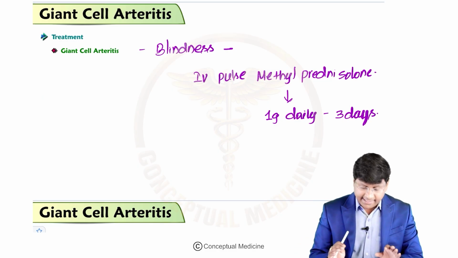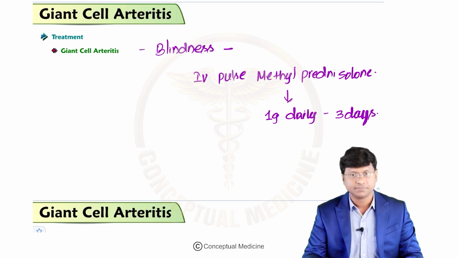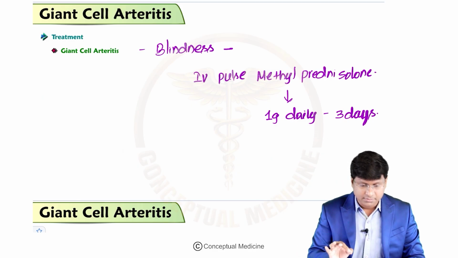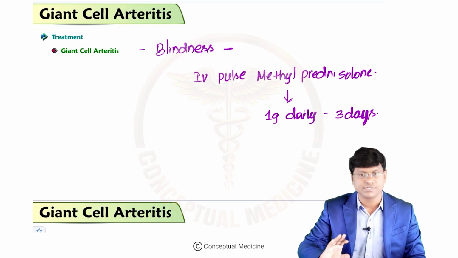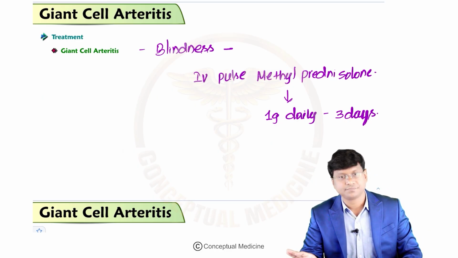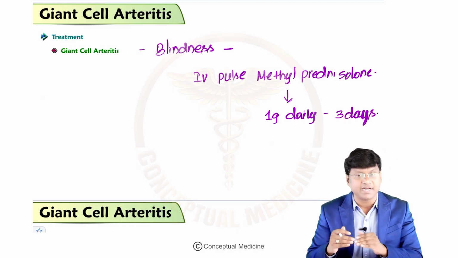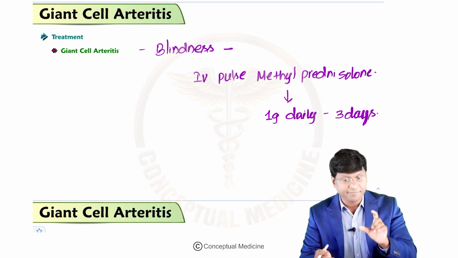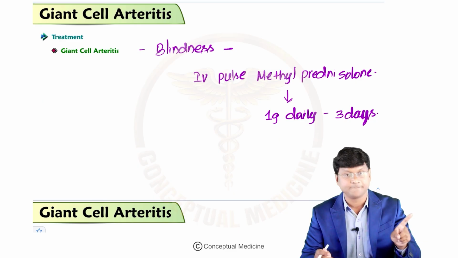It is very important to start these steroids before taking the temporal artery biopsy. Once you have diagnosed clinically that it is temporal arteritis, start the steroids. You may be under the impression that once you start the treatment, the features of granulomatous inflammation will disappear. It is not like that.